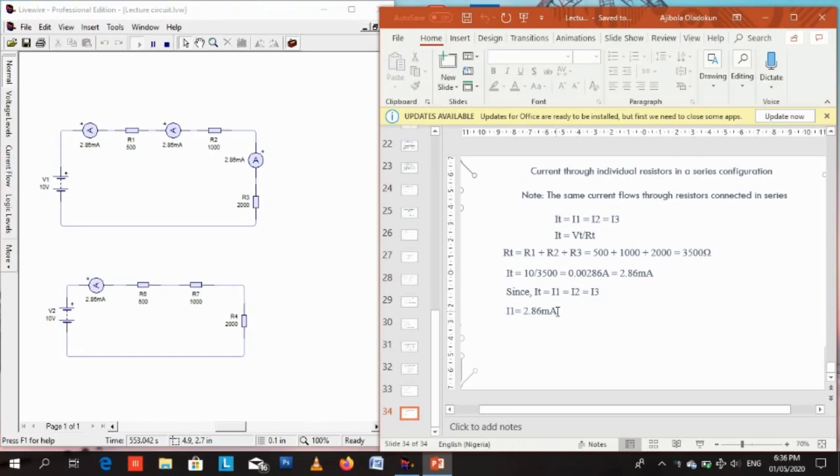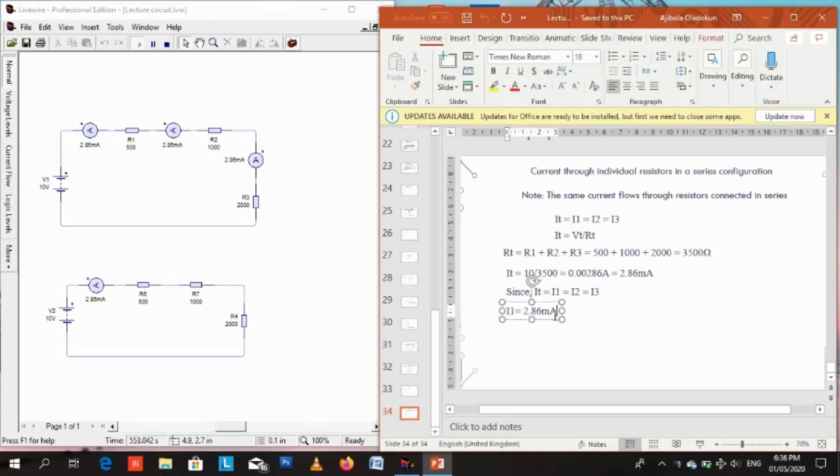Since IT equals I1 equals I2 equals I3, I1 is 2.86 milliamps, I2 is also 2.86 milliamps, and automatically I3 is also 2.86 milliamps.